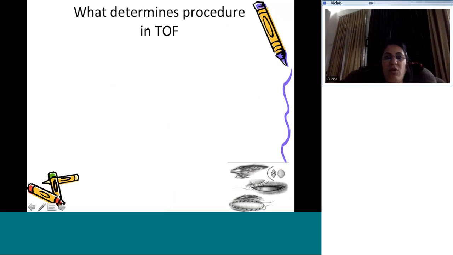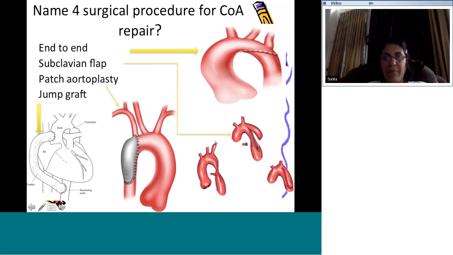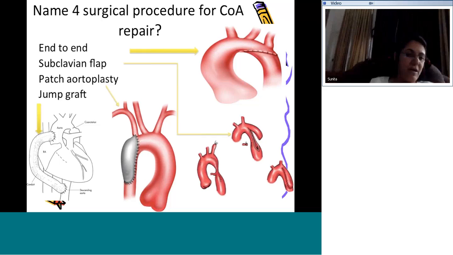Now, when we talk about subclavian flap, which age group do you use the subclavian flap procedure in? Which is the age group where you can do subclavian flap? End-to-end, if you think about it, you can do in pretty much anyone, right? So which age group would you use subclavian flap in?